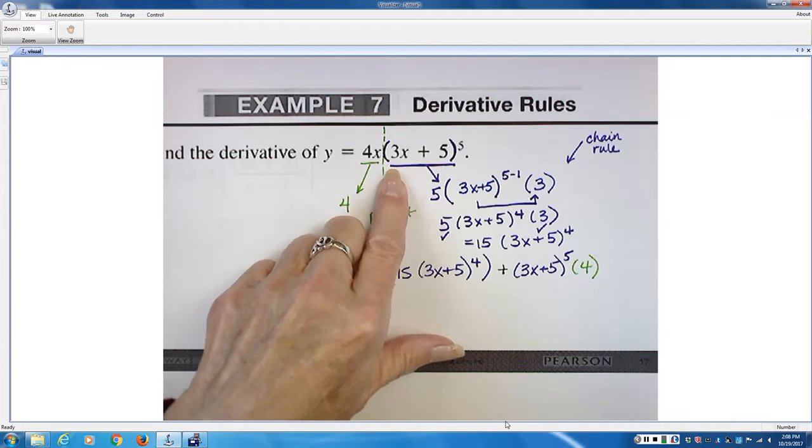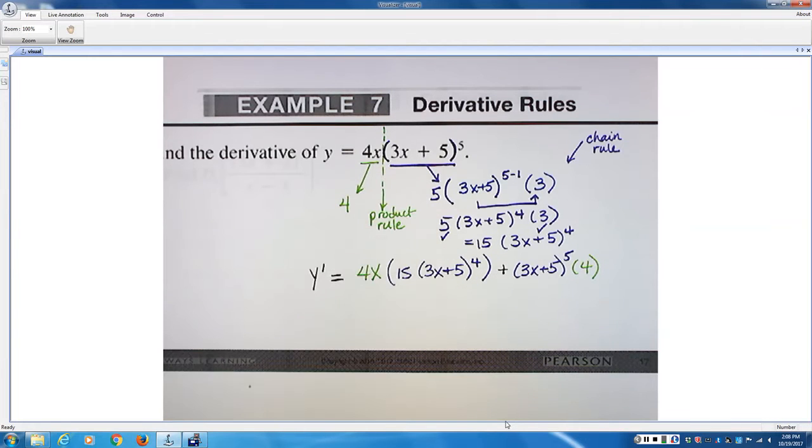Or if you've got a quotient rule, you're looking for a fraction, basically. So you know you have a quotient when you have a fraction, and there's more than one term in the denominator. There may be only one term in the numerator, but for it to be a quotient rule problem, most of the time there has to be more than one term in the denominator, or some kind of expression in the denominator, not just a number or just an x.